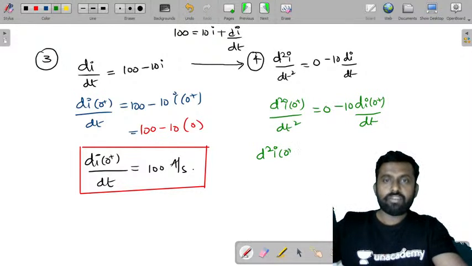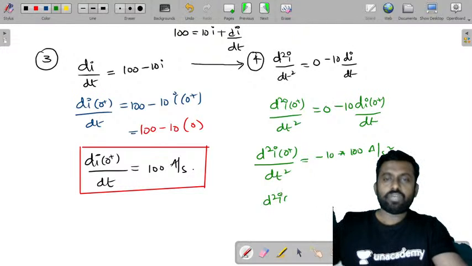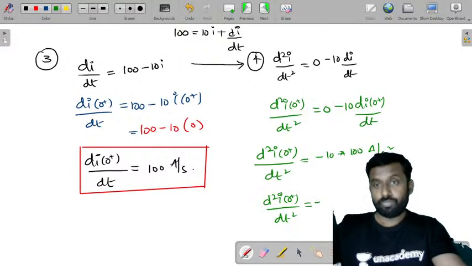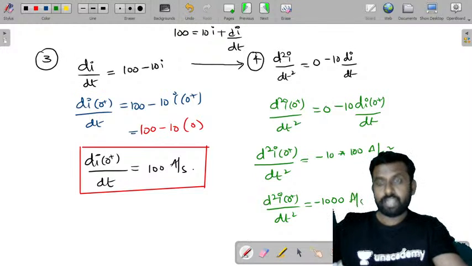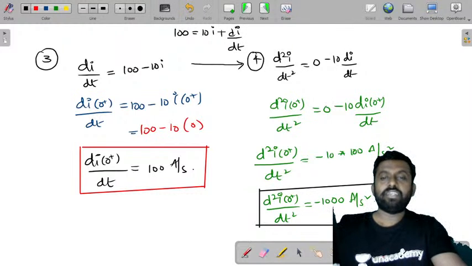It is minus 10 into 100, so d square I of 0 plus by dt square is equal to minus 1000 ampere per second square. This is the answer for d square I of 0 plus by dt square.